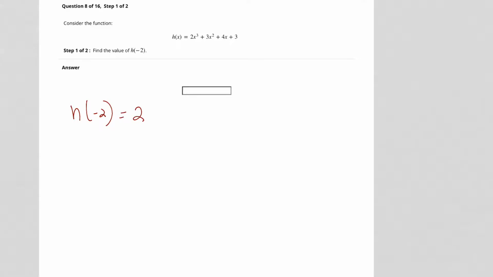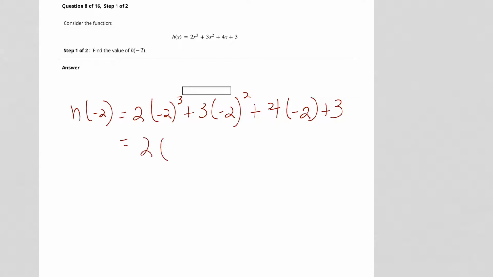H of -2 equals 2 times -2 to the third power plus 3 times -2 squared plus 4 times -2 plus 3. 2 times -2 to the third power is -8 plus 3 times -2 squared is 4. And then 4 times -2 is -8 plus 3.